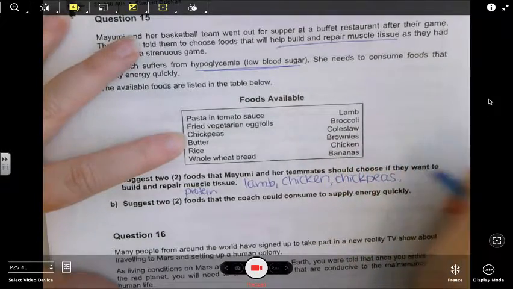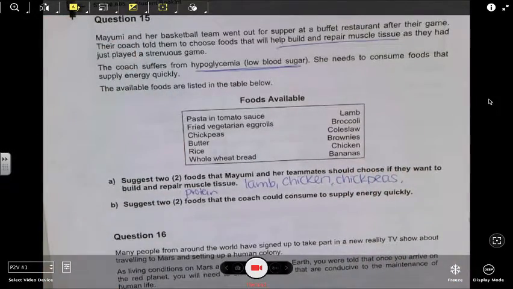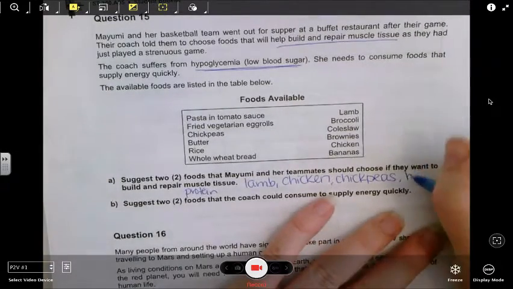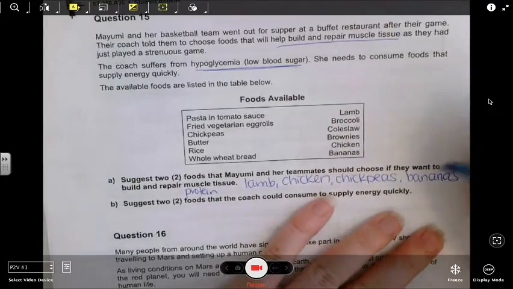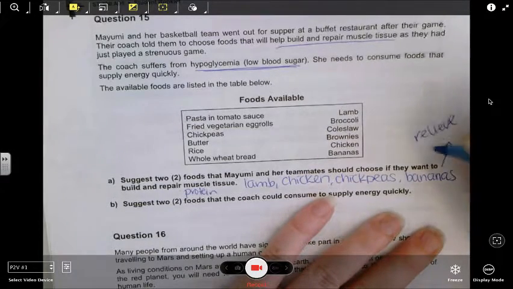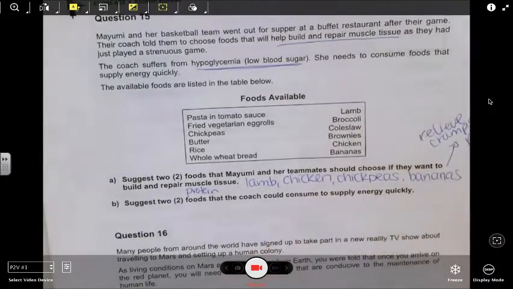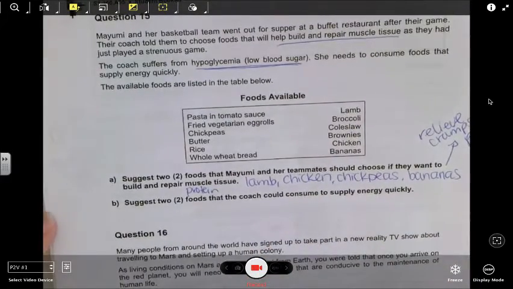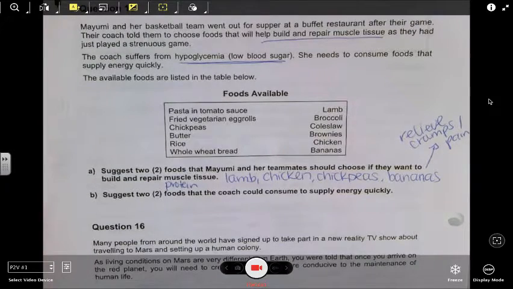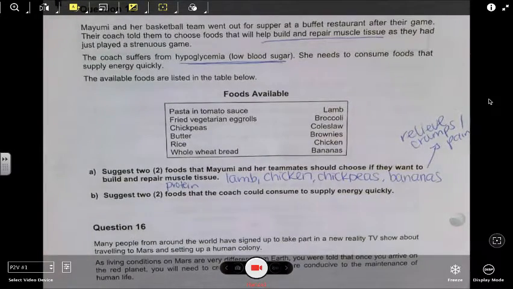It also has protein in it other than meat. And you could also have put bananas. The reason for being able to put bananas is that bananas help relieve cramps or muscle pain in your muscles. It's important to realize that you could have put bananas, but it's not because bananas are high in protein. They're high in potassium, but that does help with muscle cramps. So that's an acceptable answer.